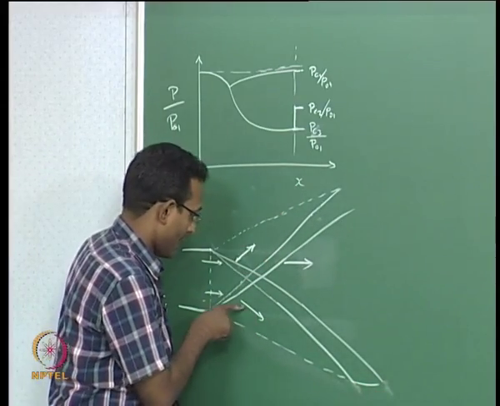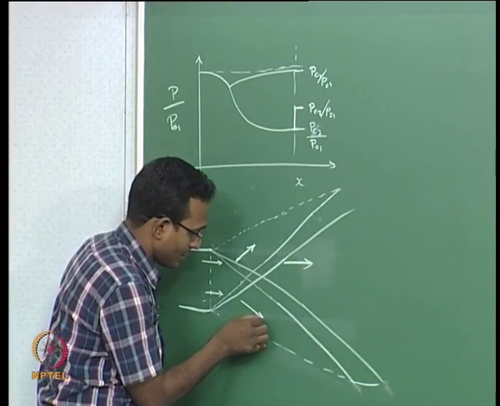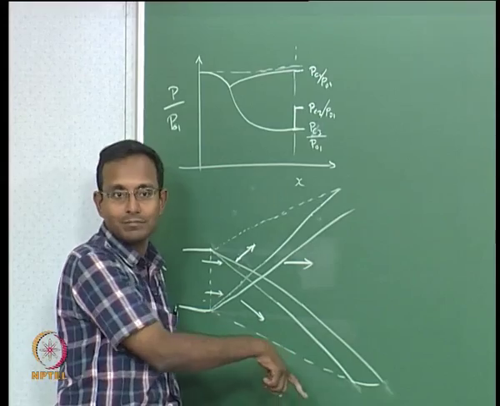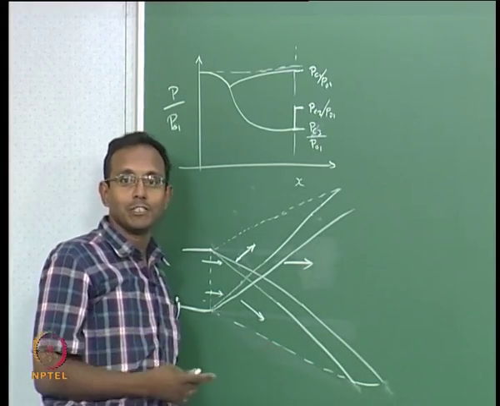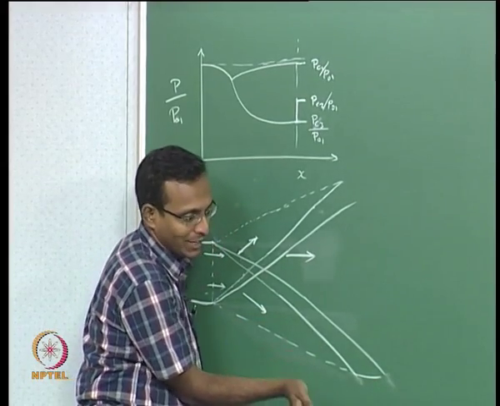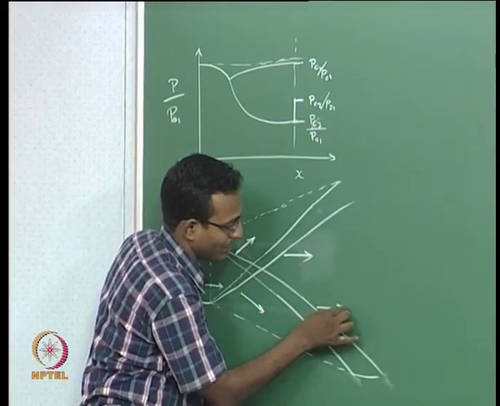And after this point, this fluid element is going to see a right running expansion wave. What does that mean? It is going to get a velocity towards the left. So, it will turn more less to the right and more to the left. So, it is going to finally become this.